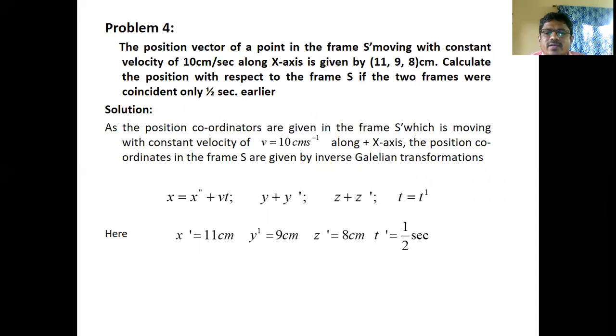Therefore, x is equal to x dash plus vt, y is equal to y dash, z is equal to z dash, t is equal to t dash. Here x dash is equal to 11 centimeters, y dash is equal to 9 centimeters, z dash is equal to 8 centimeters, and time t dash is equal to half second, that is 1 by 2 second.